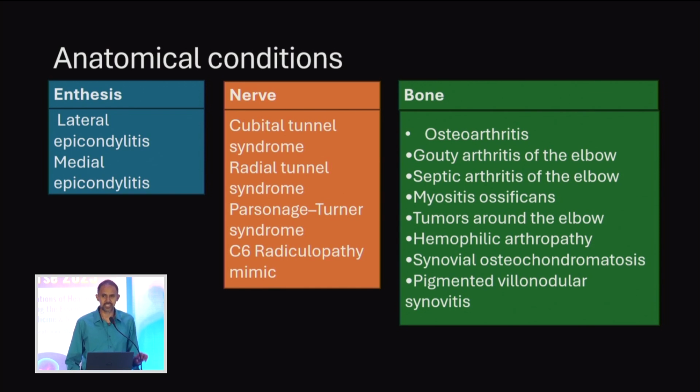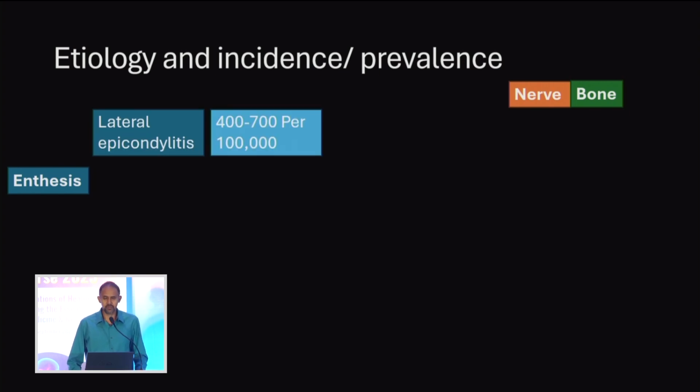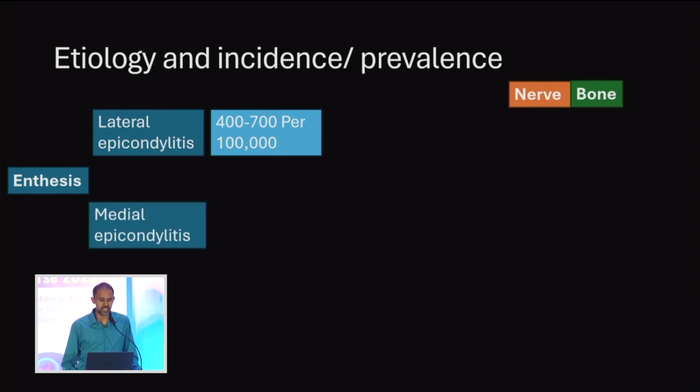The first thing is to know how common these things are. So if you take enthesis pathologies, lateral epicondylitis is about 400 to 700 per 100,000 people total. That is the most common cause of elbow pain. Next is medial epicondylitis with about 30 to 60 per 100,000.